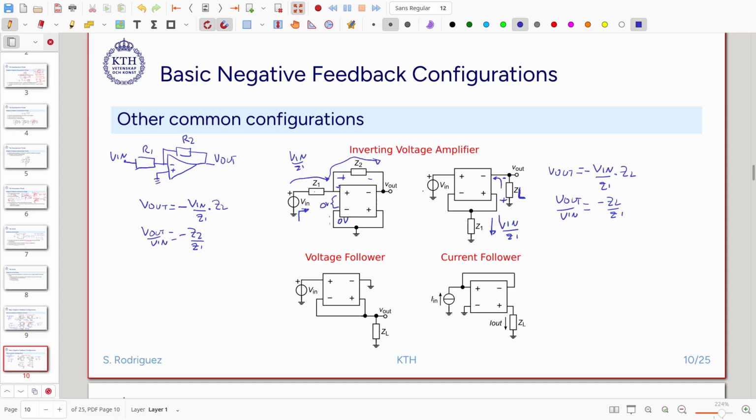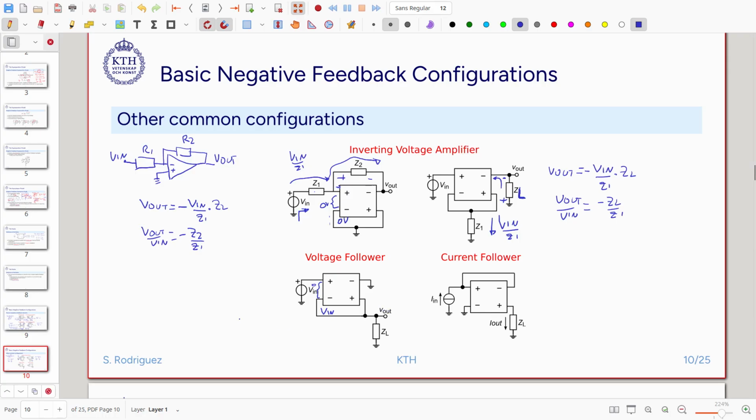We have another interesting topology. If we connect the nuller in the following way, like this, we have that this voltage here is 0 volts. That means that we will have V in directed to the output.